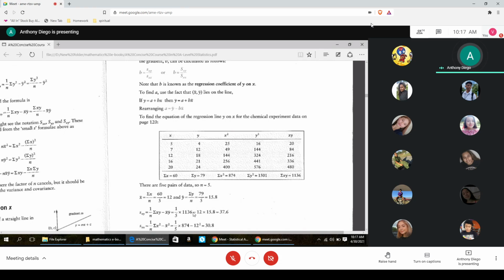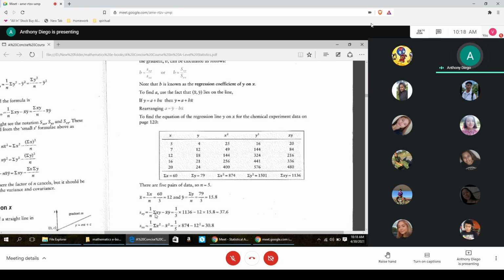Then they go and find the covariance of xy, which is 37.6. And if you notice, they substitute here the summation of xy, which is 1136. Once again, how we get the xy: 5 times 4 is 20, 7 times 12 is 84, 12 times 18 gives us 216, and so forth.